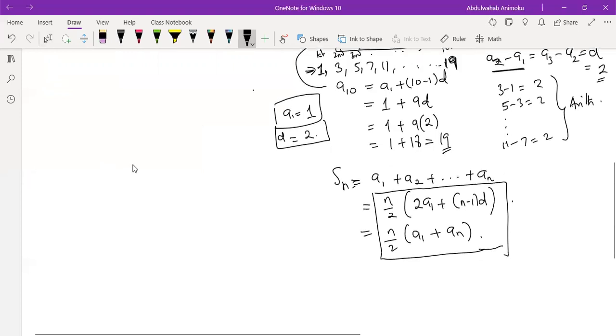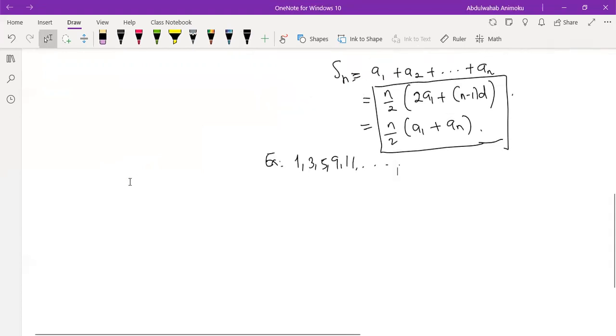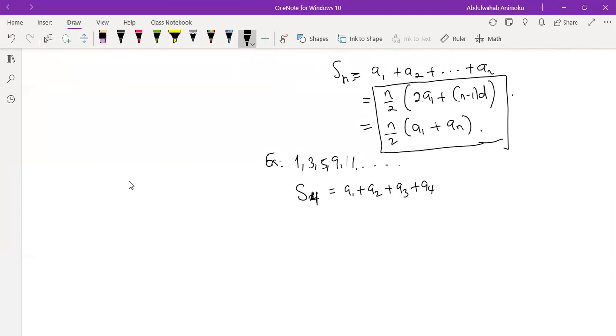Now, what does this mean? Let's go back to the example that we have: 1, 3, 5, 9, 11, and so on and so forth. Let's just practicalize this. Let's say I ask you to find the sum of the first 4 terms of this sequence. What will you do? You would add the first term plus the second term, plus the third term, plus the fourth term. This is what it means, the sum of the first n consecutive terms.